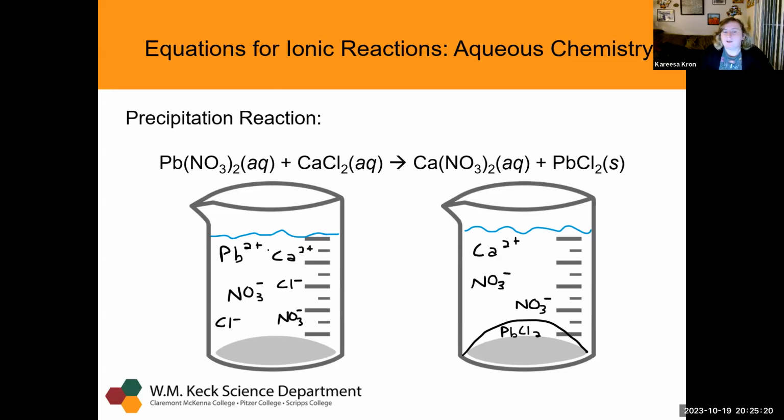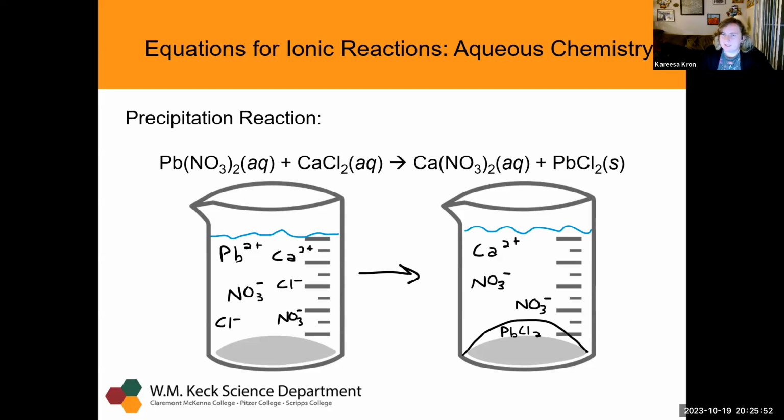And so we can represent the molecular formula in terms of the ions by splitting them apart. When we get to our product of this reaction, our lead chloride is still a solid settled on the bottom, and calcium nitrate is what's left in solution as separate ions. And so this is a more realistic picture of what's actually happening in our beaker than our molecular formula describes when we tried to add it to the beaker.